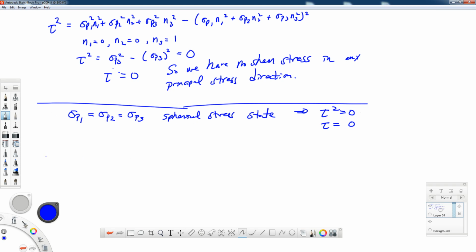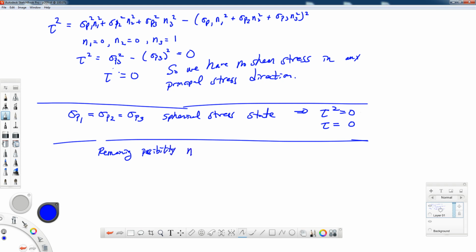The more interesting case is when we do have a shear stress, so we're going to take a look at another possibility: one of these is equal to 0 and the other two are not.